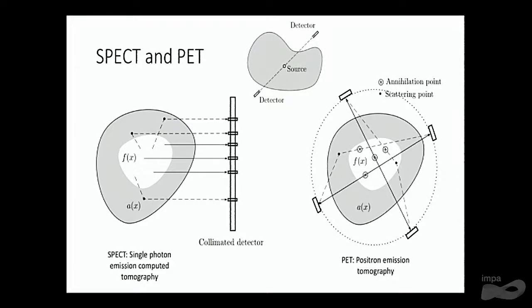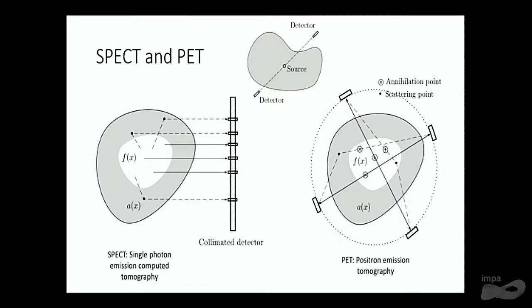In the case of SPECT, the main signal are the so-called ballistic photons, which are gamma rays going directly to the camera. In general, you neglect the scattered photons. You can receive the scattered photons, but in general you don't use them.